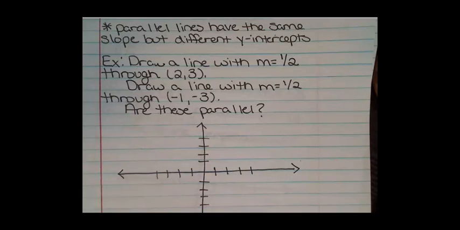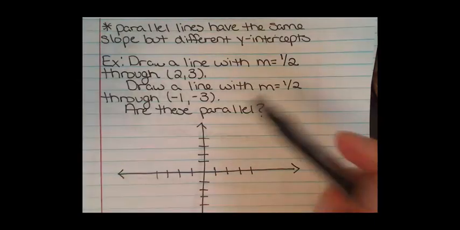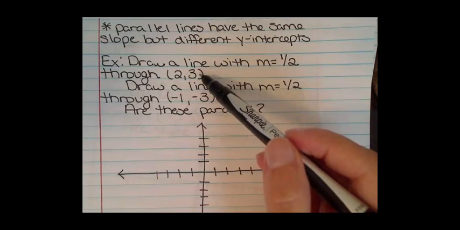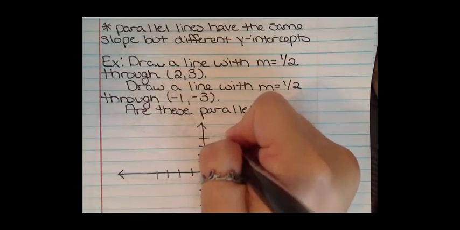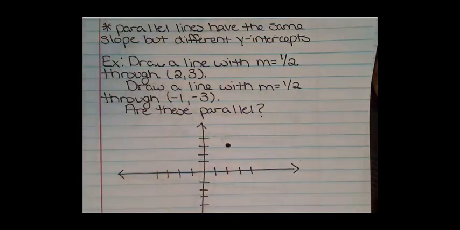Okay, so how do you graph this when we don't even have the equation? The way you do it is we're going to plot the point that they gave us, so the (2, 3), which will be right here, and then we use our slope to tell us which way we go. Now remember, slope is vertical change over horizontal change. So our vertical change is a positive 1.